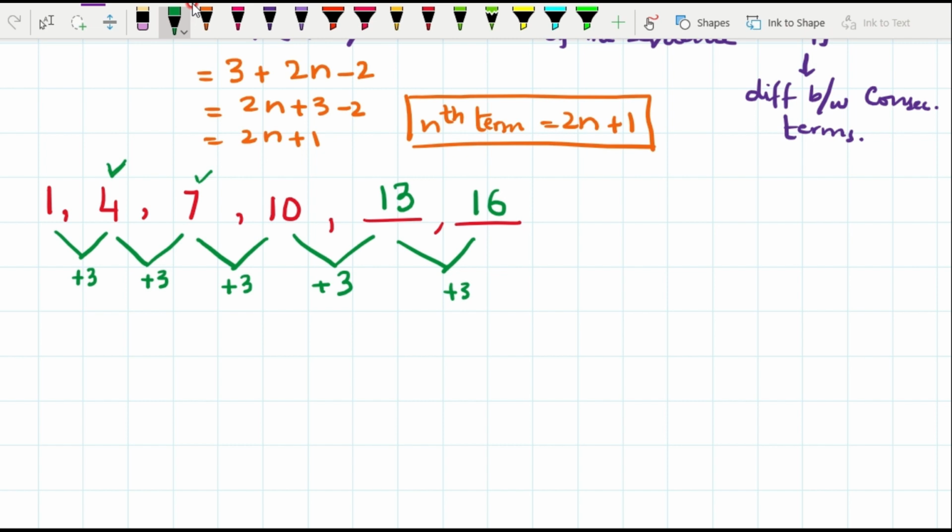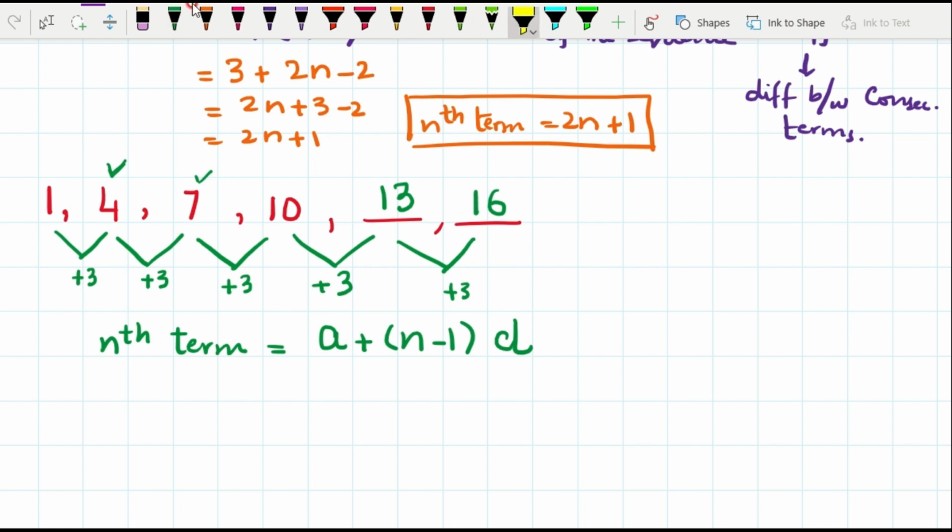So how can we calculate its nth term? What was the formula? Recall the formula: A plus n minus 1 into D. Okay. So what is A here?